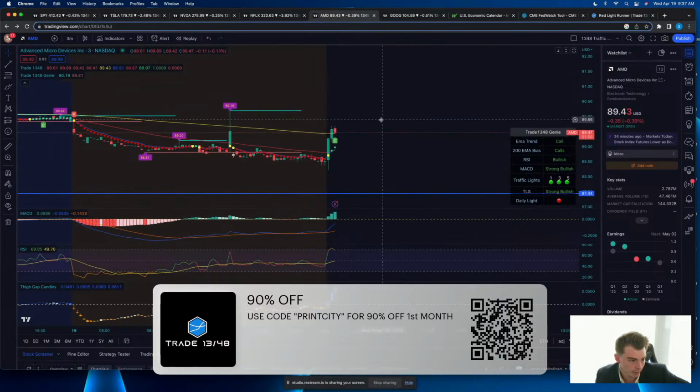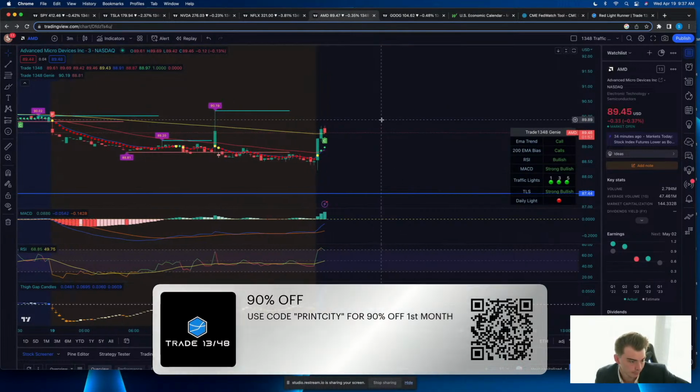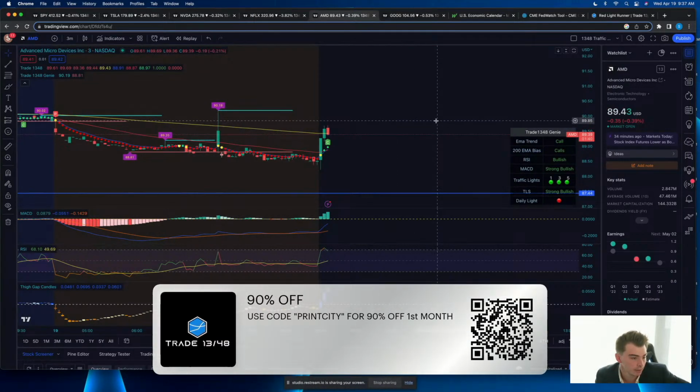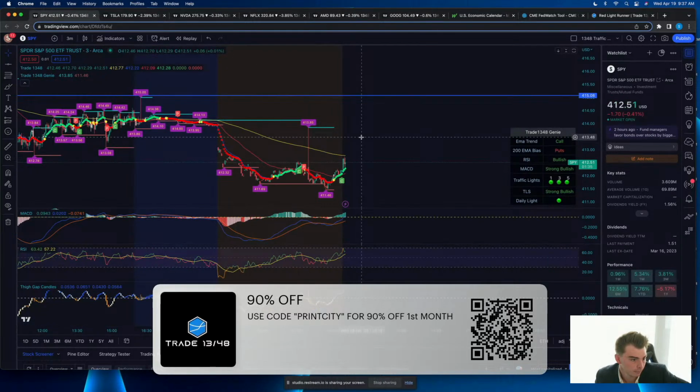Right at that 3-minute 200. 2.5% on the port, Nvidia. Now let's wait for the reversal. Let's see what it wants to do here. I mean, SPY's trying. It's not really doing much, though.